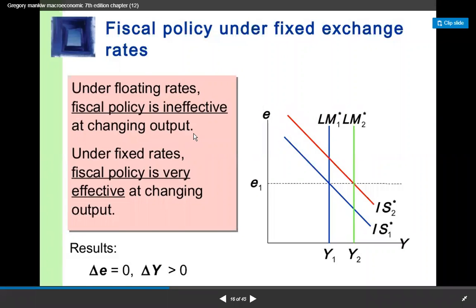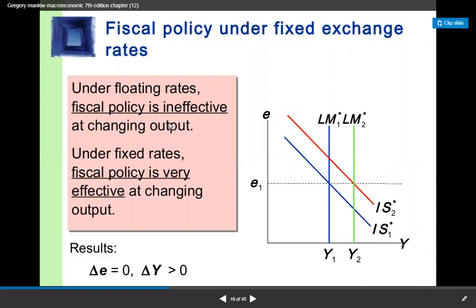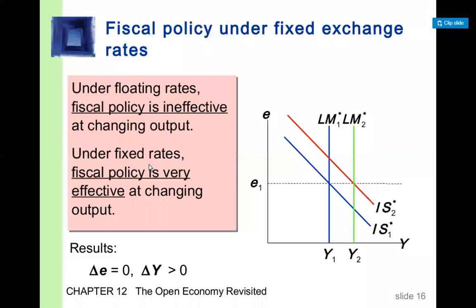If you remember, in the last 7-8 slides we discussed that under floating exchange rates, when you implement expansionary fiscal policy, the output does not change. Expansionary policy was ineffective at changing output level. But in case of fixed exchange rates, expansionary fiscal policy is very effective at changing output level.